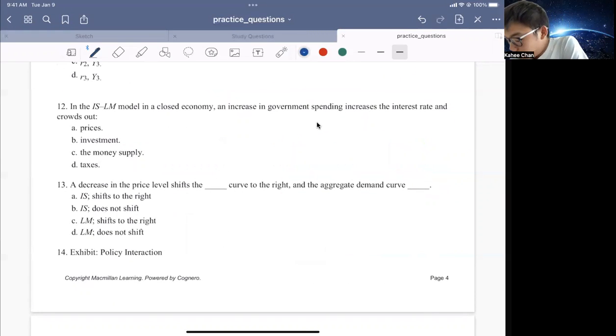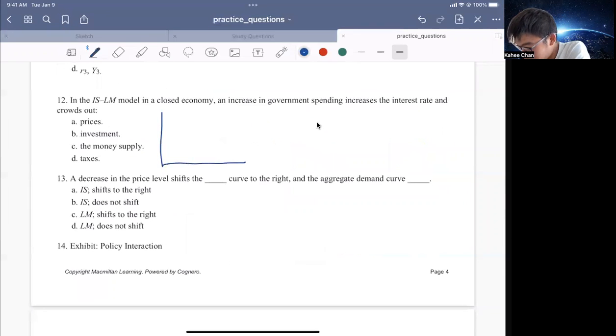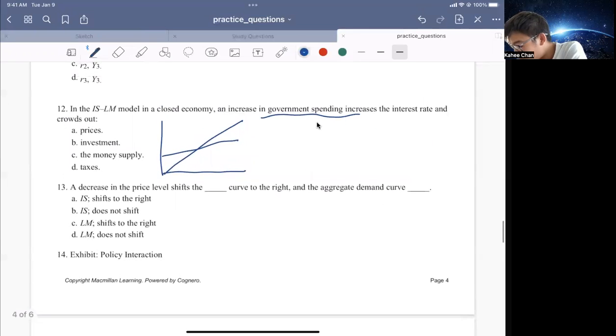In the IS-LM model in a closed economy, an increase in government spending increases the interest rate and crowds out, blah. So IS-LM model again, government spending, so Keynesian cross, increase in interest rate and crowds out. When government spending increases, it makes the IS curve shift to the right.